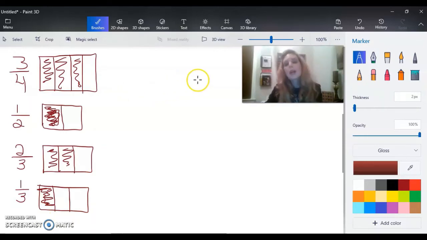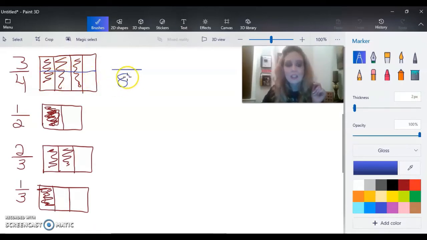Now, on my recipe, since I am cutting it in half, let's actually cut this in half. So I would just draw a line straight across to cut it in half. I no longer have 4 total parts. I've got 1, 2, 3, 4, 5, 6, 7, 8. I've got 8 total parts now.